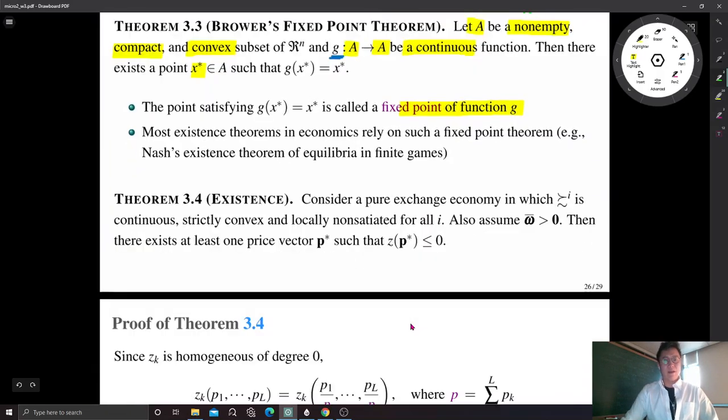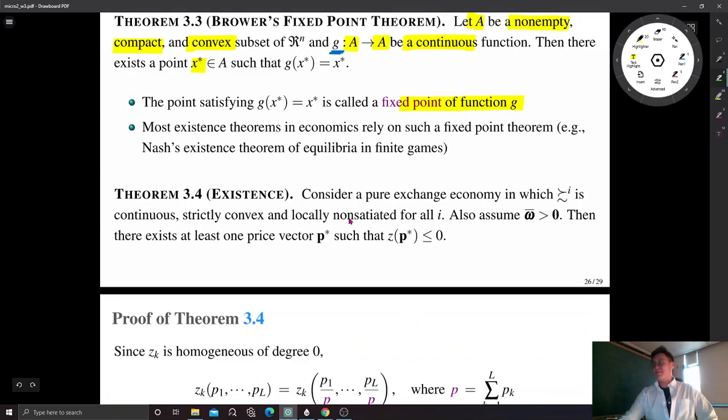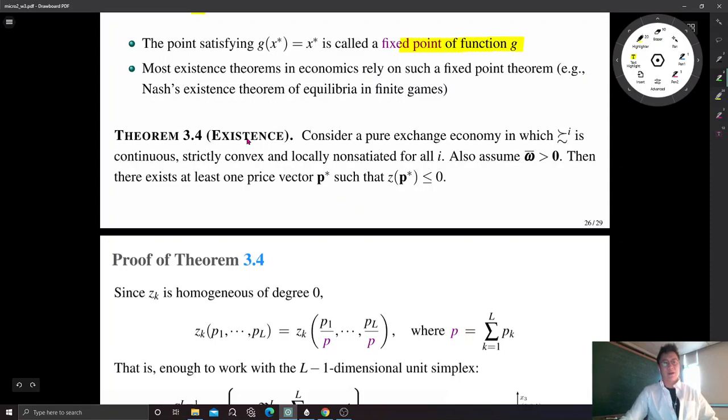All right, and then here is the statement that we are going to prove in the remaining time. So that is an existence theorem in a pure exchange economy. So consider a pure exchange economy where the preference relation is continuous. So the utility function is continuous and strictly convex.